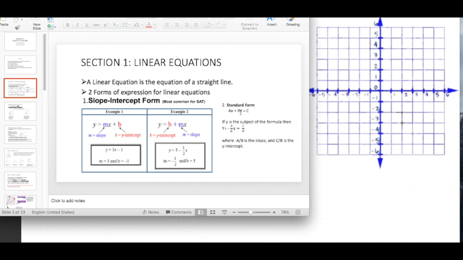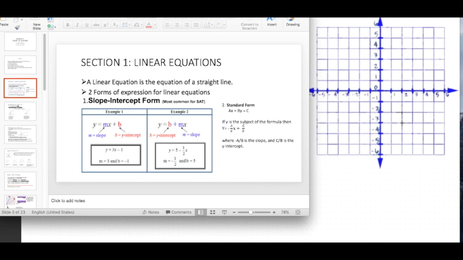If we were to make y the subject of the formula, what we are saying is we are trying to convert the standard form into the slope-intercept form. So just over here, you'd realize that the slope-intercept form, which is here in example 1, is y equals mx plus b. For some of us in the Caribbean, we would have been accustomed to y equals mx plus c, but it's all the same. So let's go back over to the standard form.